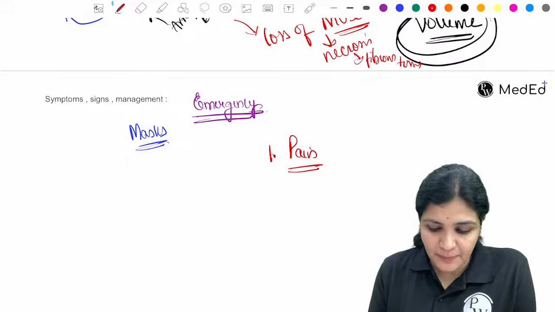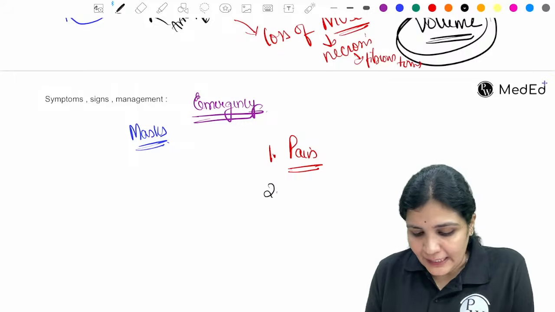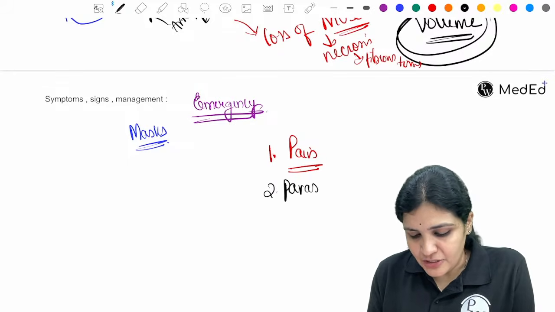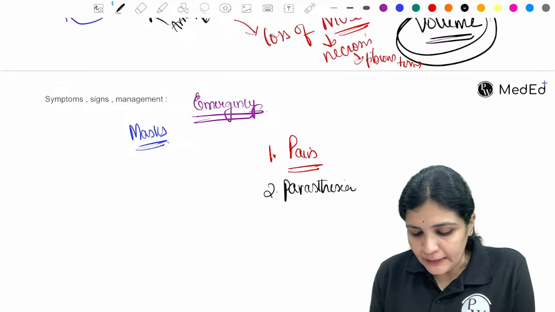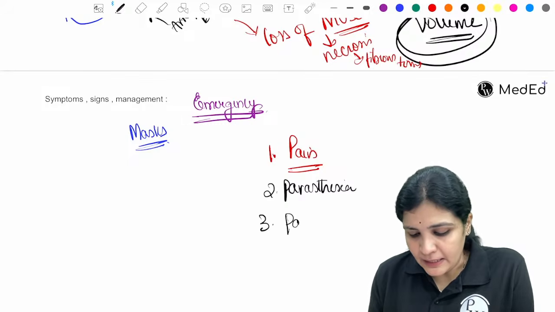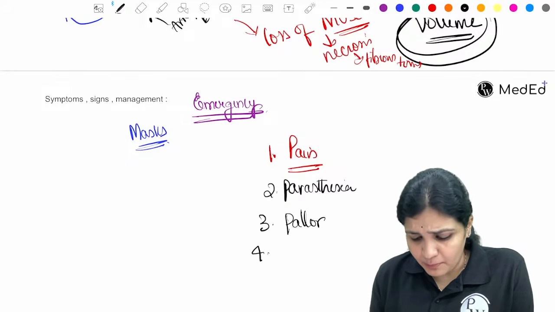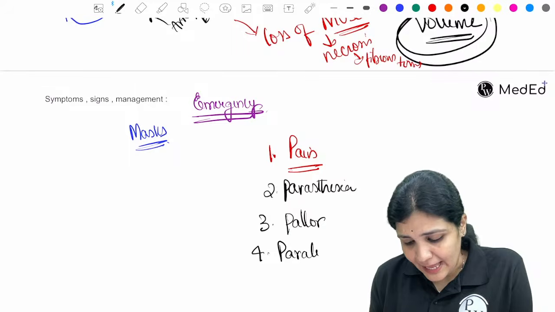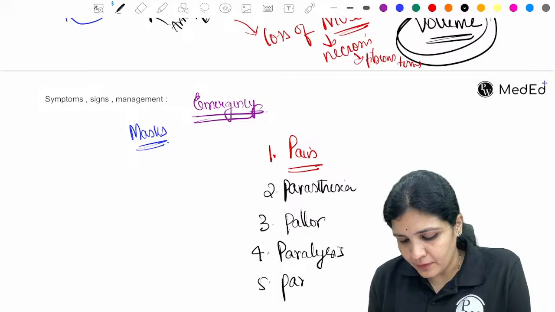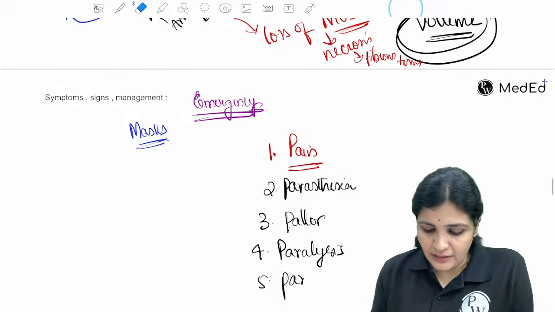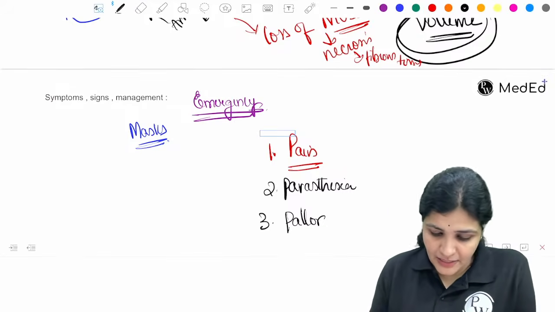The patient usually presents with pain, and then they will have paresthesias. So pain, paresthesias, pallor, not very important, paralysis at the last, and the final one is pulselessness, right?